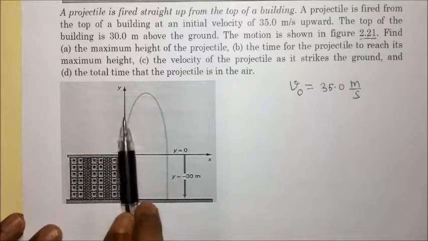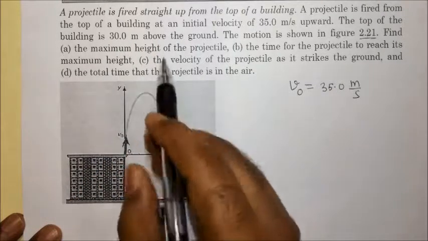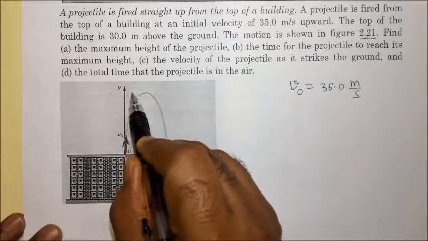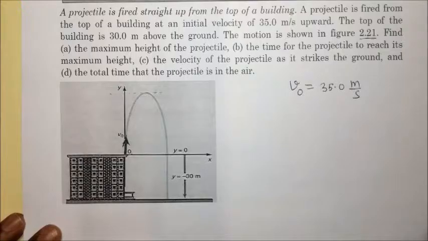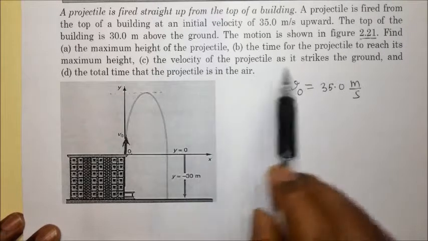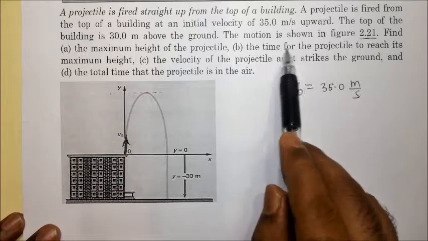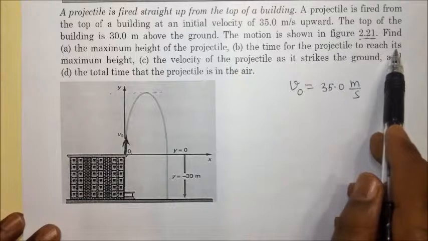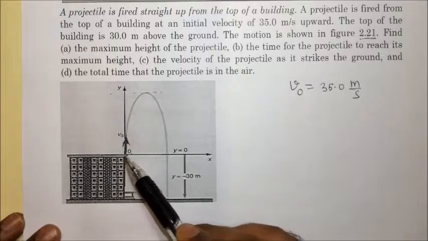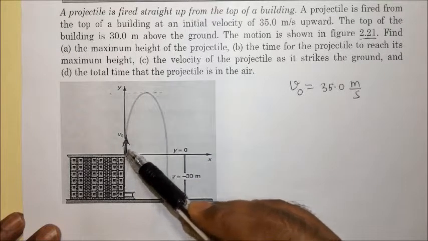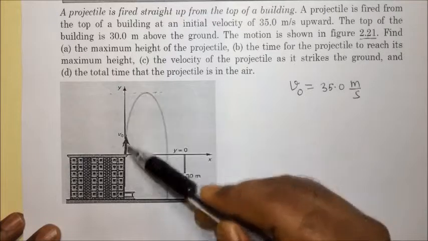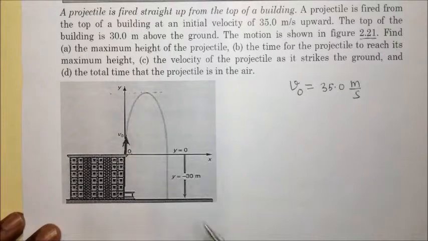When it goes up, what's the maximum height it achieves? B, the time for the projectile to reach its maximum height. So from the top of the building to the maximum height, how much time does it take to reach the top?